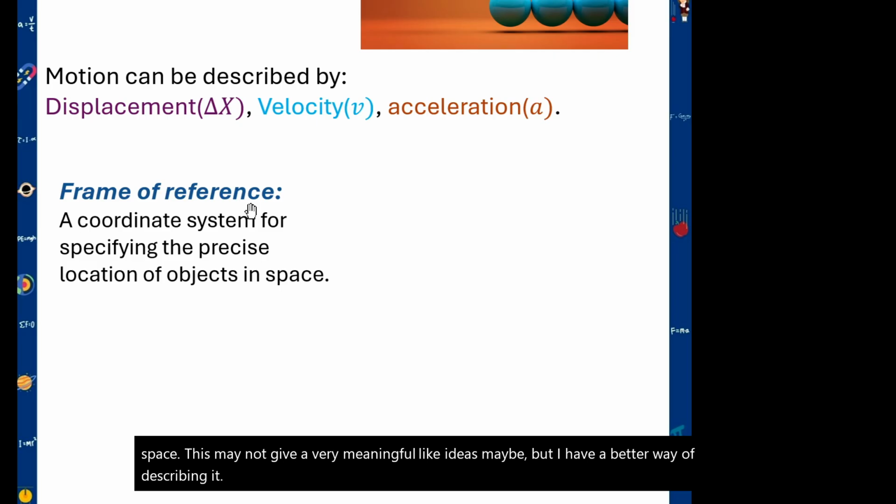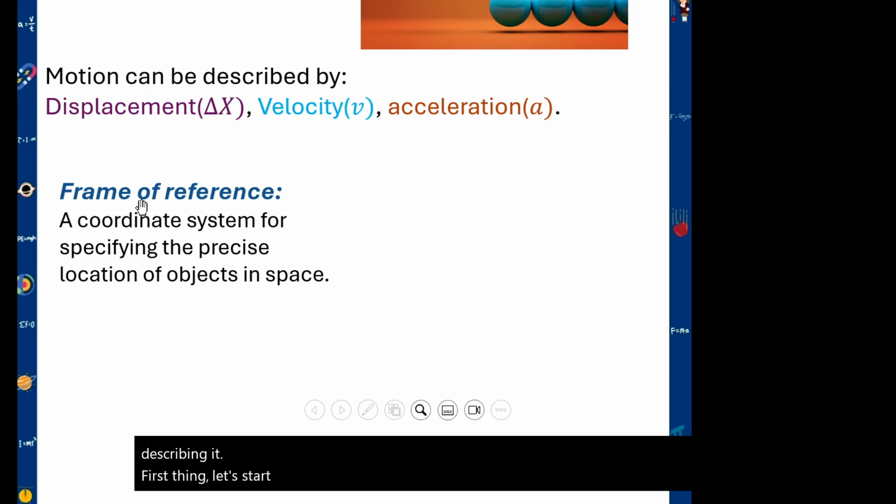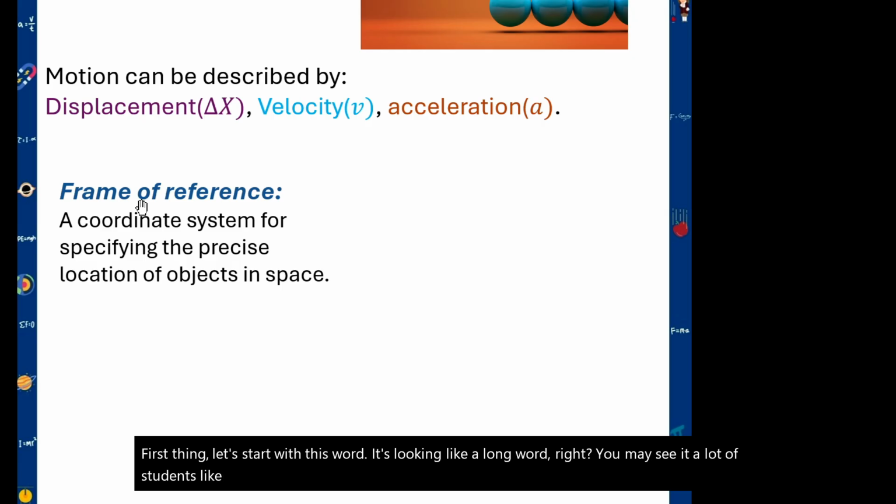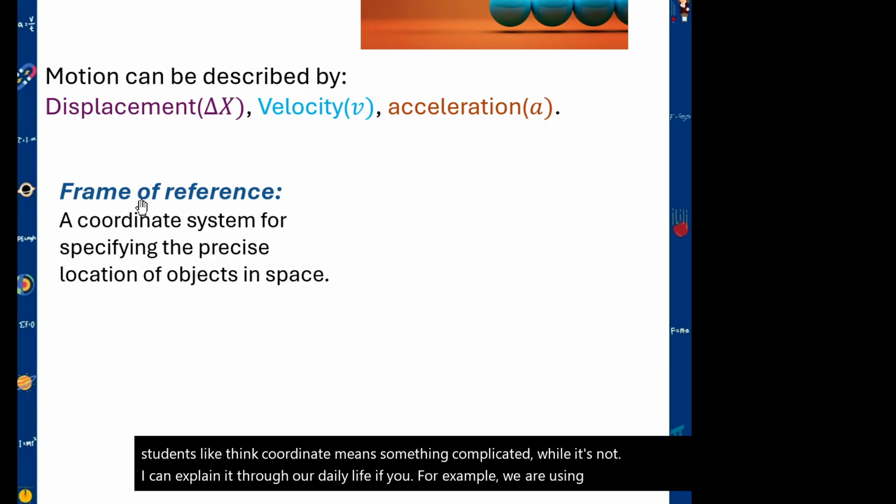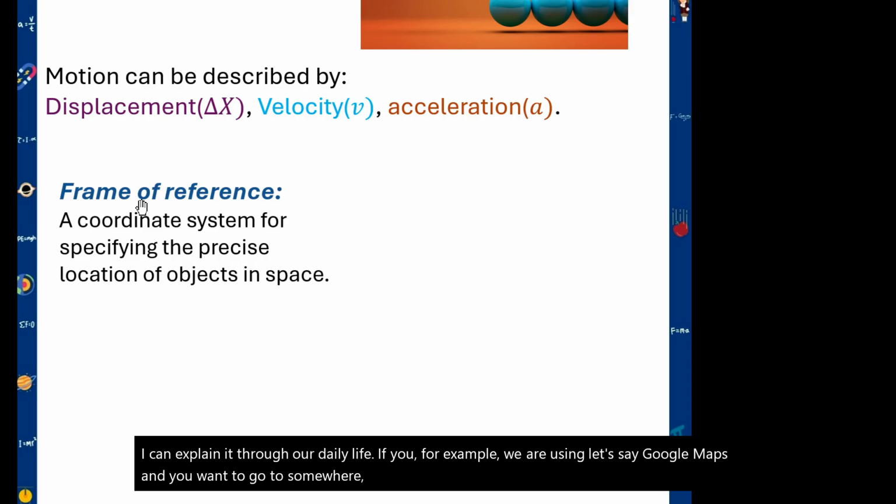First thing, let's start with this word. It's looking like a long word, right? A lot of students think coordinate means something complicated, while it's not. I can explain it through our daily life. For example, you are using Google Maps and you want to go somewhere, let's say a restaurant, or we are living in Erbil, so let's say you want to go to Grand Majdi Mall.